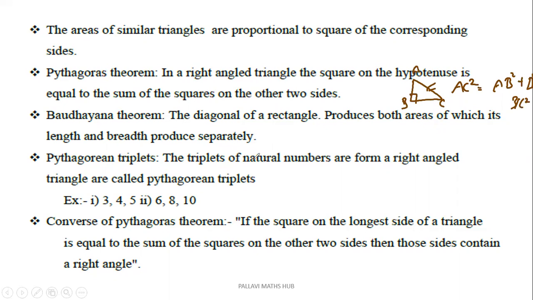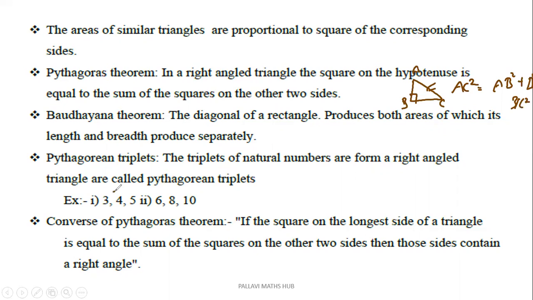Next, Pythagoras triplet. Yes, this is also very important. In a multiple choice question, they will give four options. You need to find out which is the Pythagoras triplet, or else they will give four options and ask which number does not belong to a Pythagorean triplet. In that case, three options are correct and you need to write down which one is wrong.